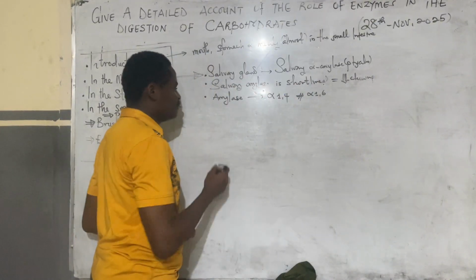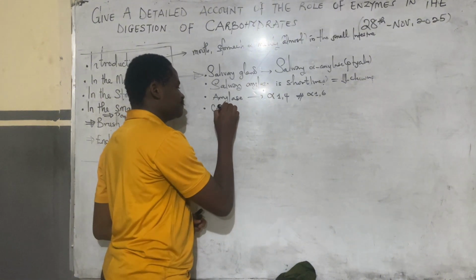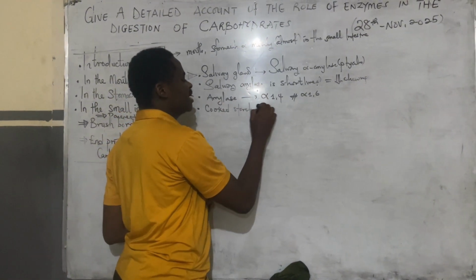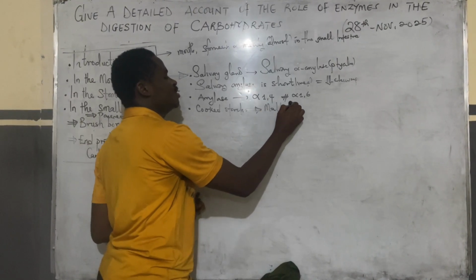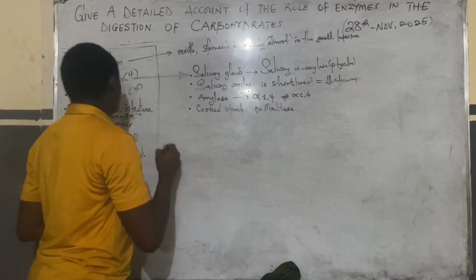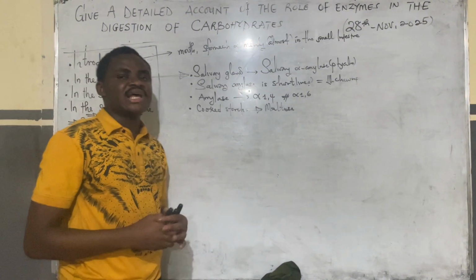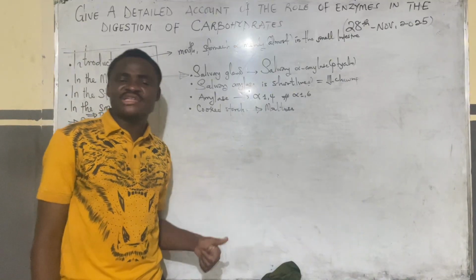And then lastly, you should be able to add that cooked starch can also be broken down to give you maltose. So, 4 important points to note as we talk about the function in the mouth. Number 1, the salivary gland is rich in salivary alpha amylase, otherwise called ptyalin.